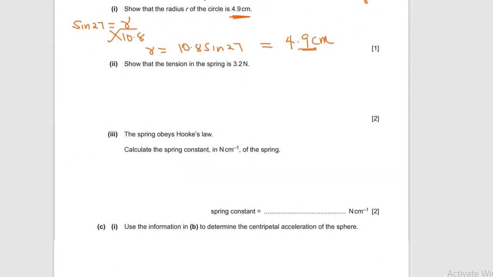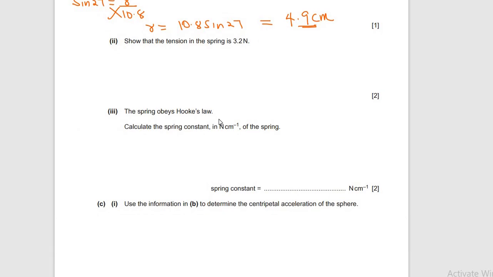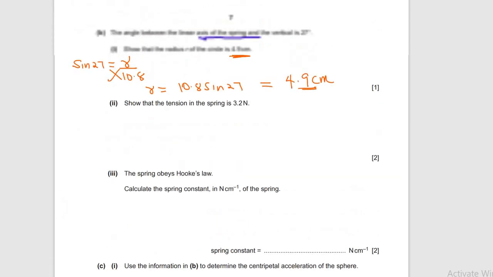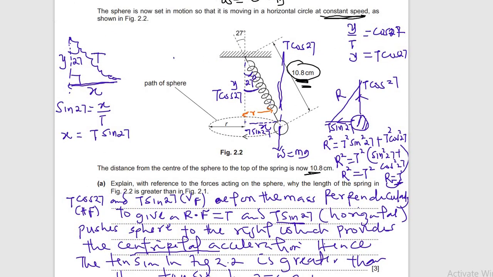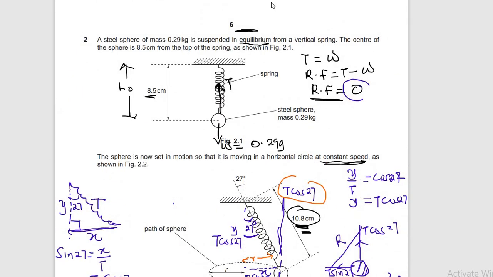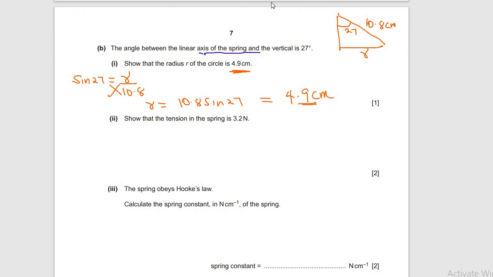Now the next question, show that the tension in the spring is 3.2. Okay. Now, to find the tension in the spring, this upward force will be equal to this downward force. So T cos 27 will equal the weight.